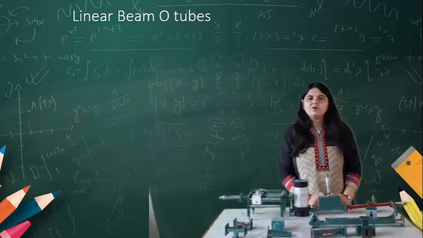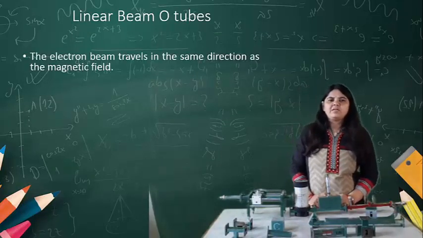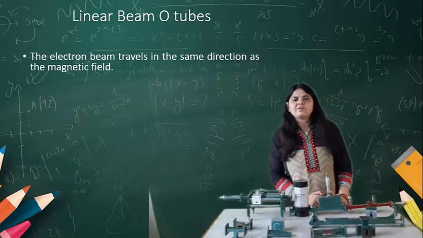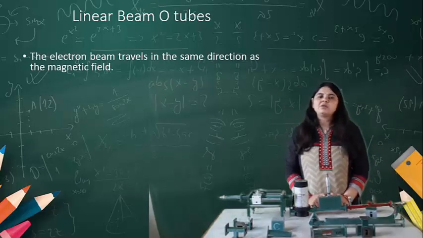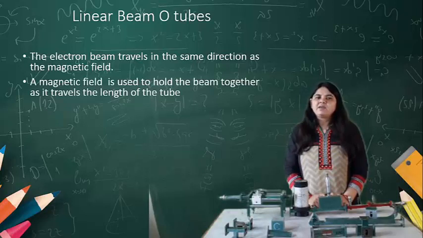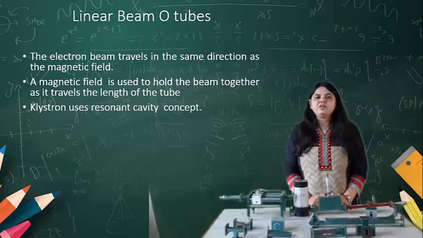Now we will study the linear beam O type. The electron beam travels in the same direction as the magnetic field, and the magnetic field is used to hold the beam together as it travels along the length of the tube.